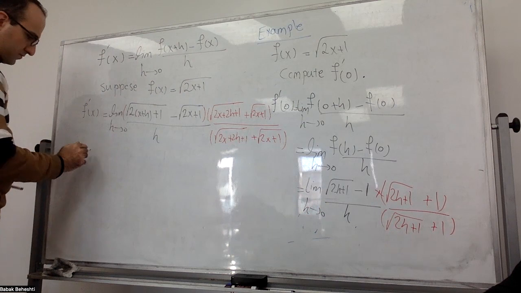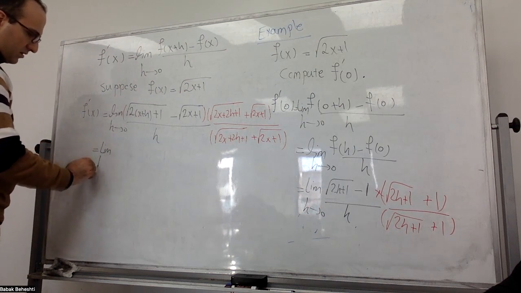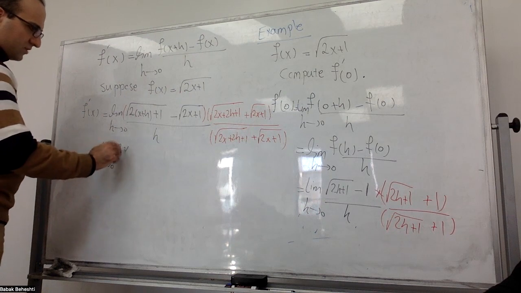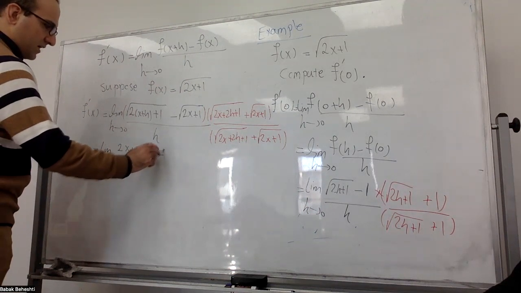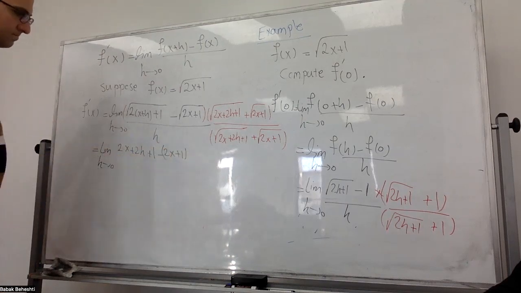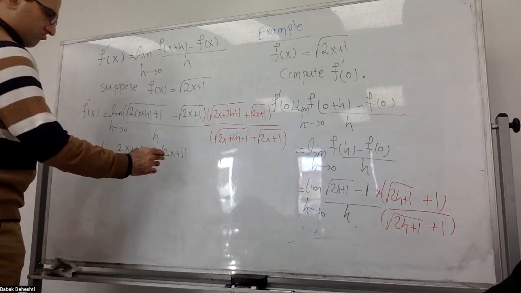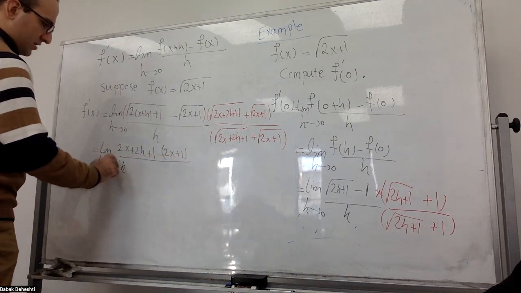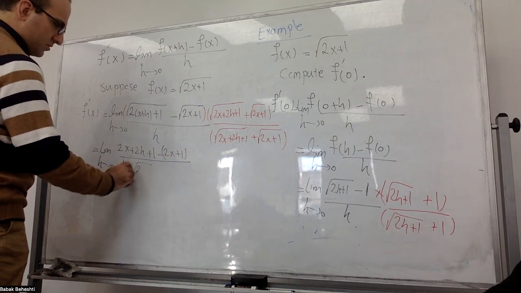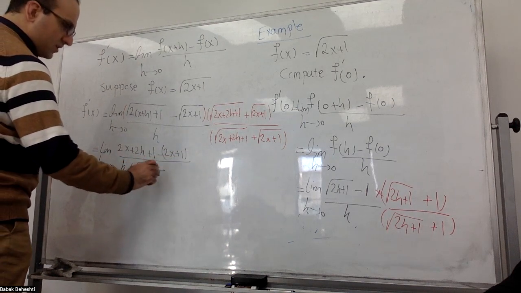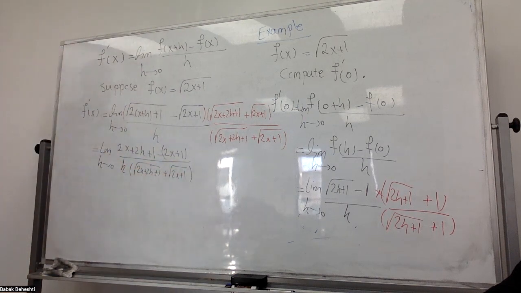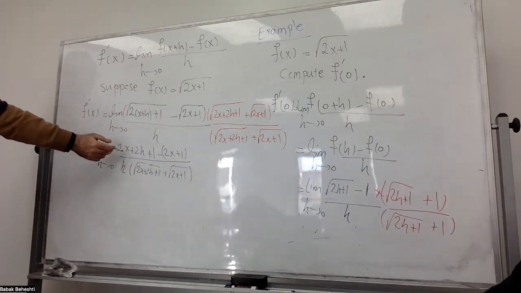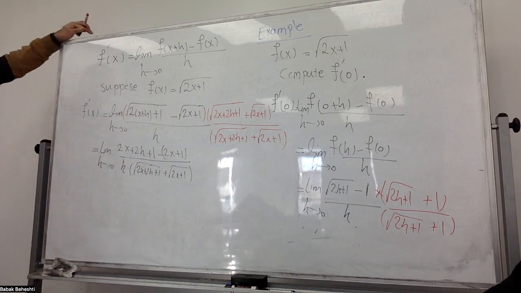So it would be equal to the limit as h goes to 0 of 2x plus 2h plus 1 minus 2x plus 1, divided by h times root 2x plus 2h plus 1 plus root 2x plus 1. Okay. So what is the numerator now?